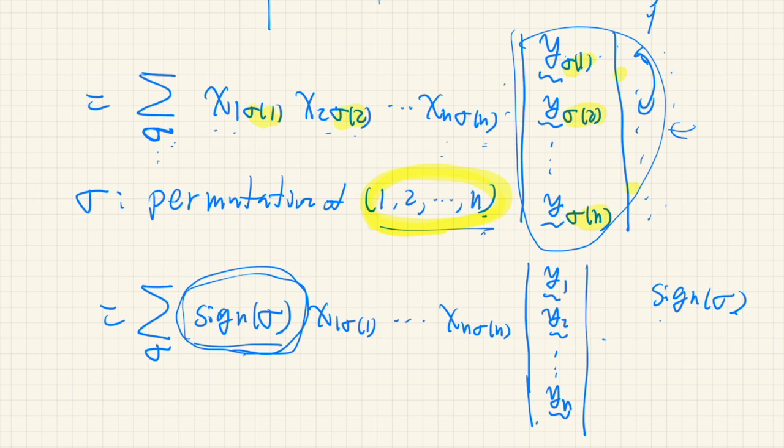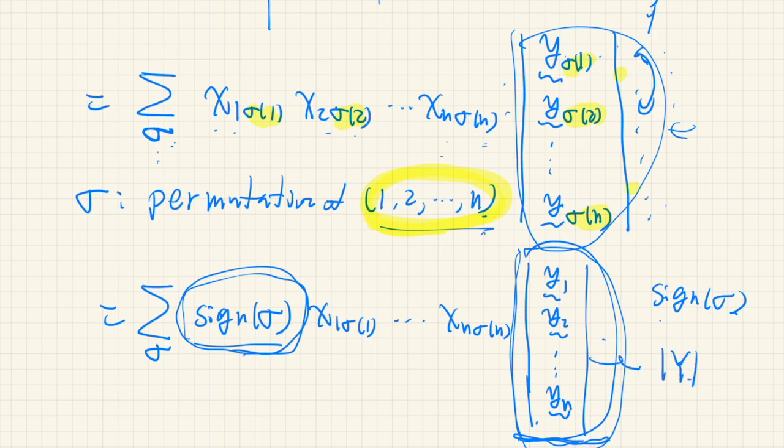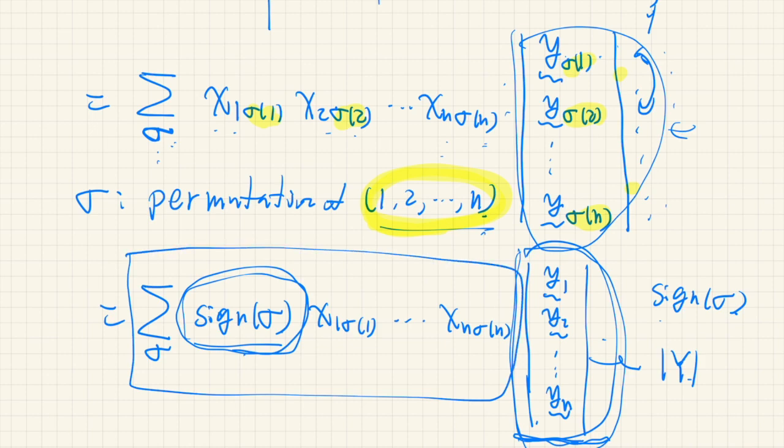Now look at this. This determinant doesn't include sigma anymore. So this is a constant with respect to permutation sigma. And this part is the determinant of y, right? So it's the determinant of y. So all we are left to do is to show that this part is the determinant of x.